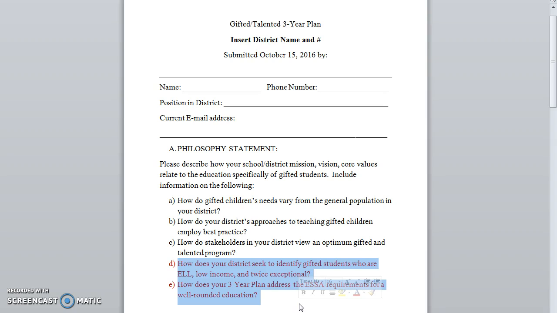Often there might be a student who is bored, even acting up, and you go to the special ed classroom and test that child, and guess what? They have a very high IQ, or they have a lot of gifts or talents in another area. And also this last one: how does your three-year plan address the ESSA requirements for a well-rounded education?